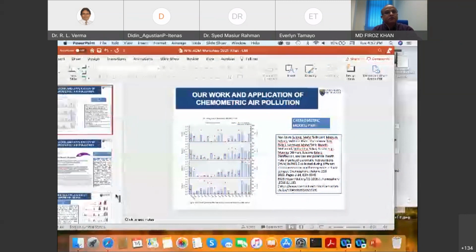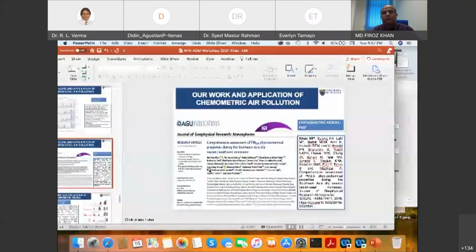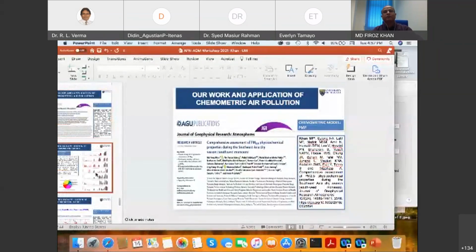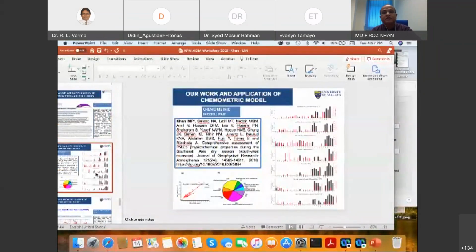Let me show you some more examples here. For example, one more work here. If you take a look here, for PM 2.5, we applied PMF, the chemometrics model, here. And then after application of PMF, we estimated PM 2.5 by using PMF on the y-axis, and the PM 2.5 that we measured from our experiment at a certain receptor location.